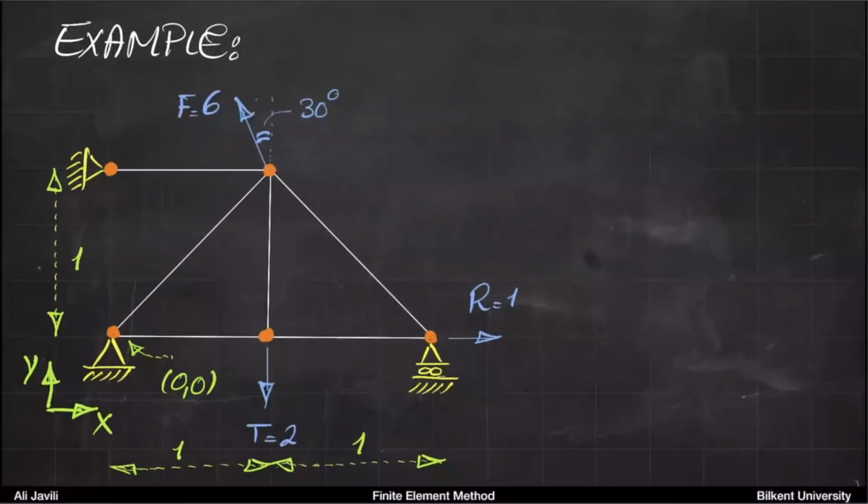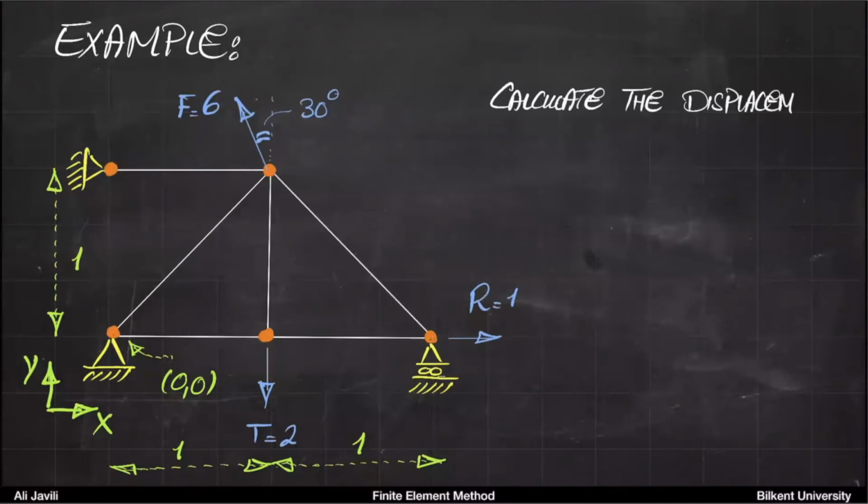So what you want to do is to calculate the displacements of all the nodes. Now pay attention, I'm just asking you to calculate the displacements of all the nodes. And as I said, this is usually what we also asked you for, for truss structure examples.